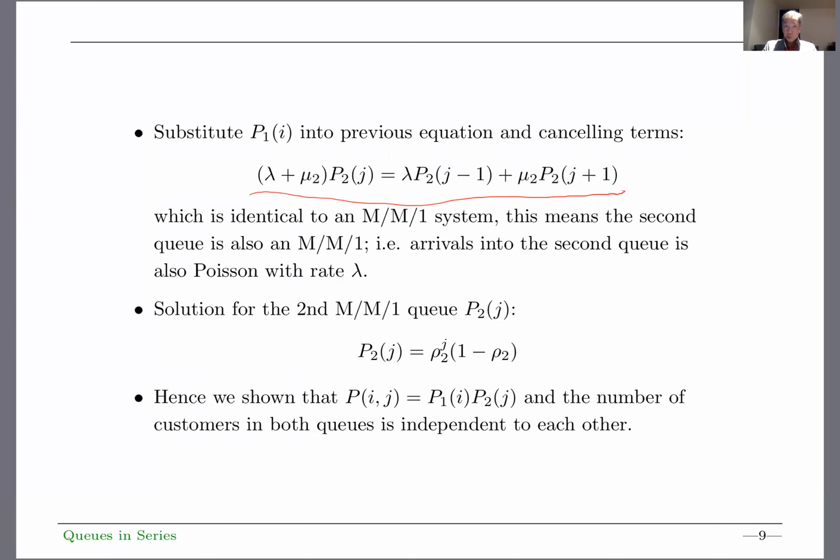Now, basically, this result is an MM1 system for Q2. So you just say simply the arrival into the second Q is also lambda, which we have shown is correct if mu1 and mu2 are larger than lambda. Okay, and the solution for the second Q is this. So we have shown the product form solution is one possibility. Okay, it's not a proof, it's just a demonstration.